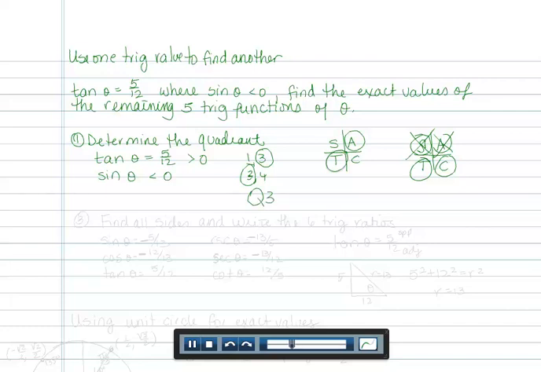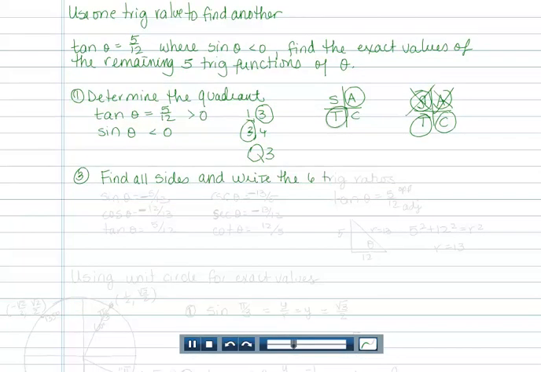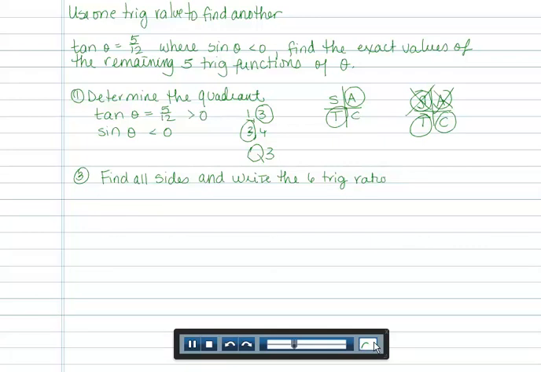What you're going to do now is find all sides and write the 6 trig ratios. You know me, I like to prepare for all the ratios, so I'm just going to go ahead and include them here: sine theta, cosine theta, tangent theta, cosecant theta, secant theta, cotangent theta.